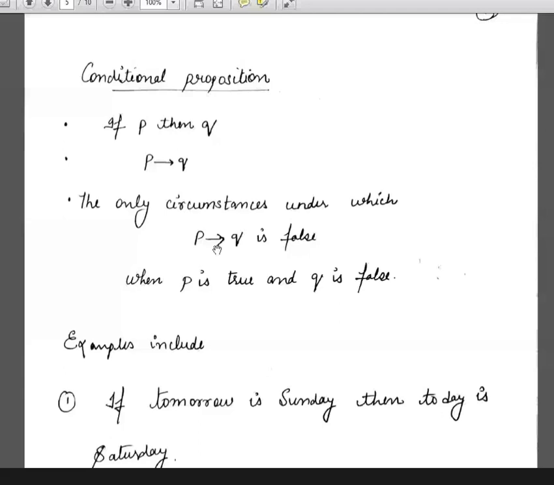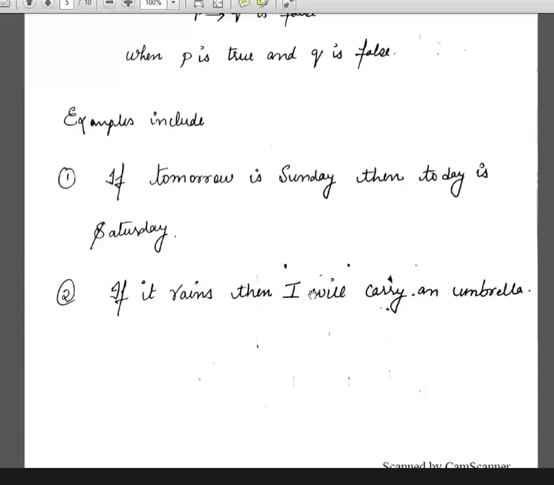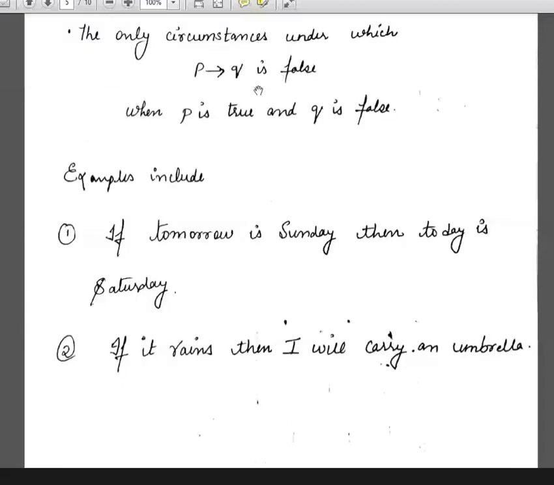So definitely if there is rain, then I carry an umbrella. This is the verbal form. And remember, if P then Q is false only when P is true and Q is false.